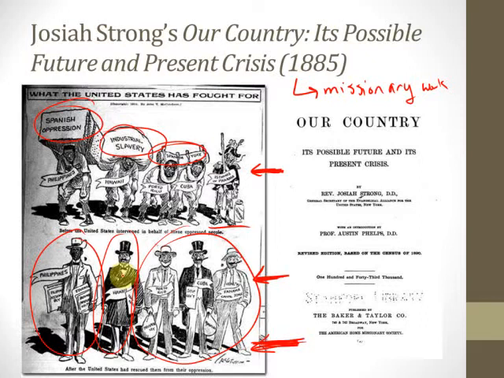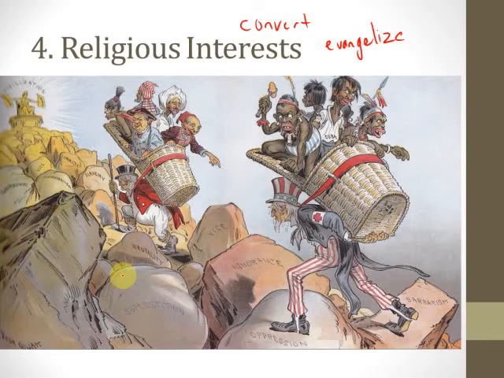Also, I want to point back at this cartoon here. What argument is being made in this cartoon? The British and the American are carrying the other nations to the promise, whatever that thing is on top of the mountain. The argument being made here is that the Americans and the British are carrying the savage peoples on their backs, and is it a difficult journey?